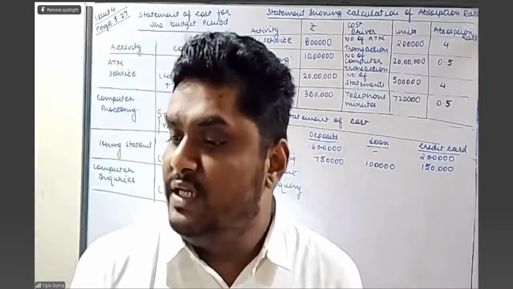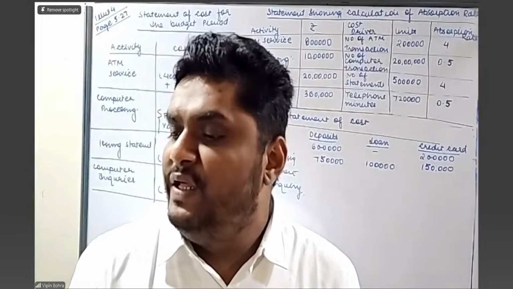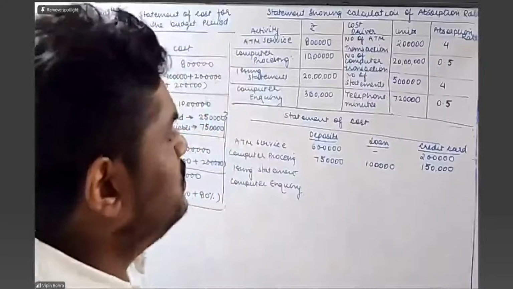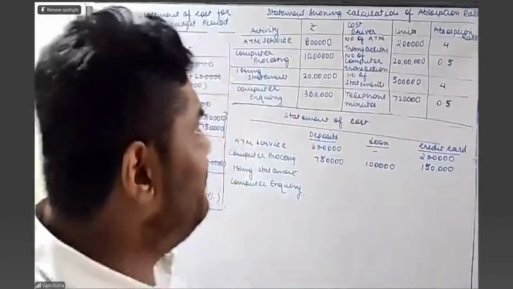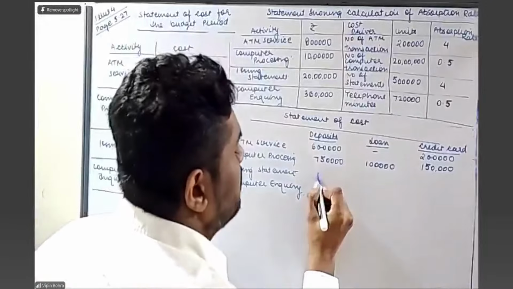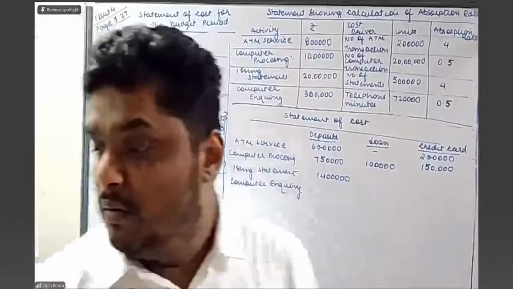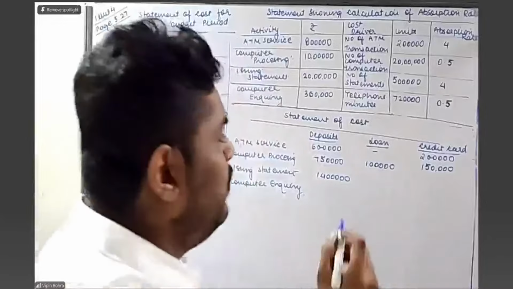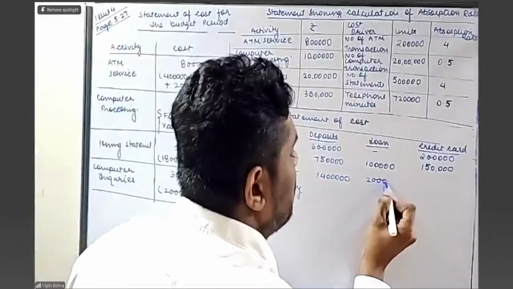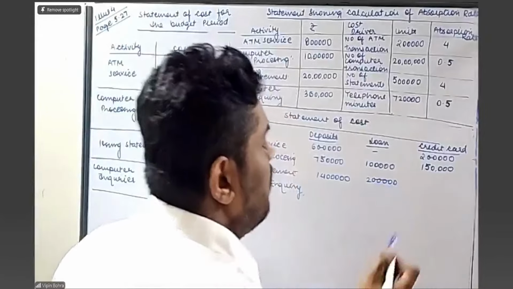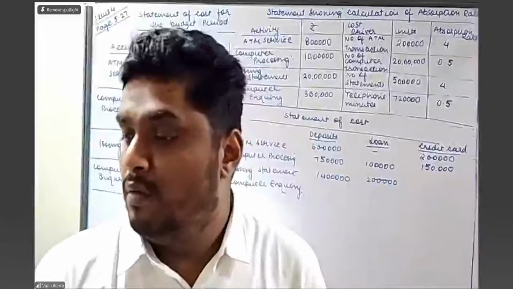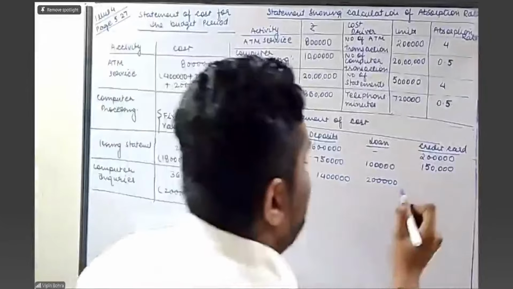Next is issuing statement. So it is 350, 50 and 1 lakh. So 350 into 4, this will be 14 lakh. 50 into 4, this will be 2 lakh. 1 lakh into 4, this will be 4 lakh.